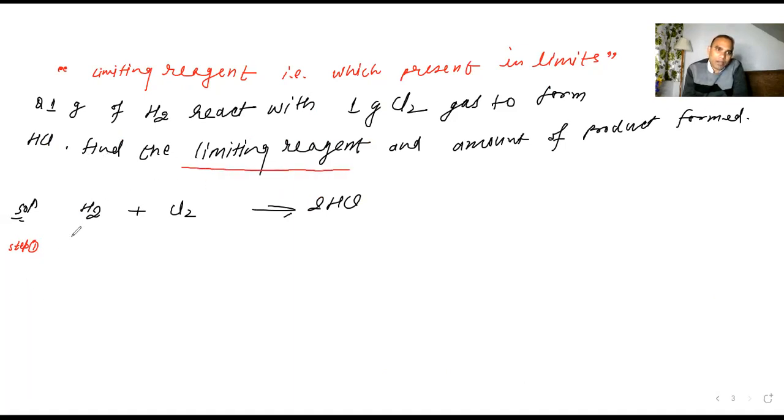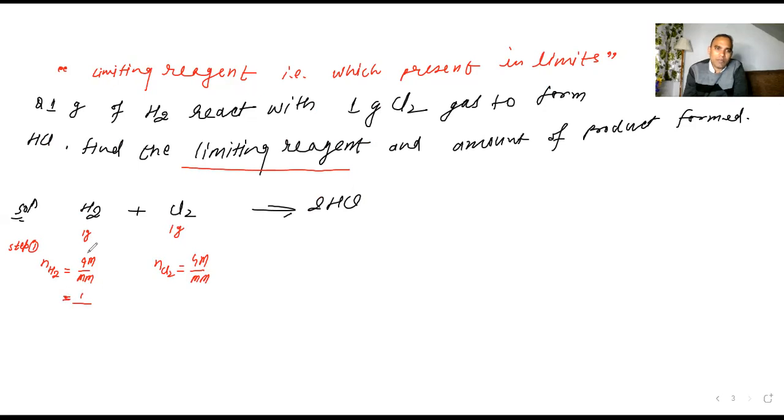So for H2, the given mass is 1 gram. For Cl2 it is also given as 1 gram. So n, the moles, they are asking. The number of moles of H2 is given mass upon molar mass. And for Cl2, the number of moles of Cl2 is also given mass upon molar mass. Given mass is 1 gram.